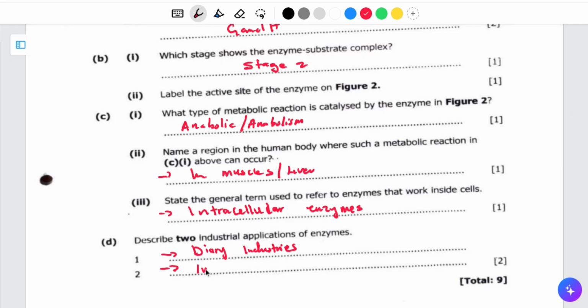So when you talk of leather tanning, this is where the enzymes are used to soften the animal skin, so that they are able to make shoes from the animal skin, as well as other products like bags and other things.